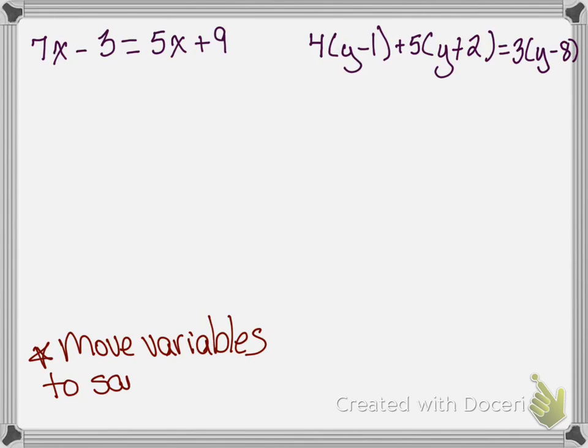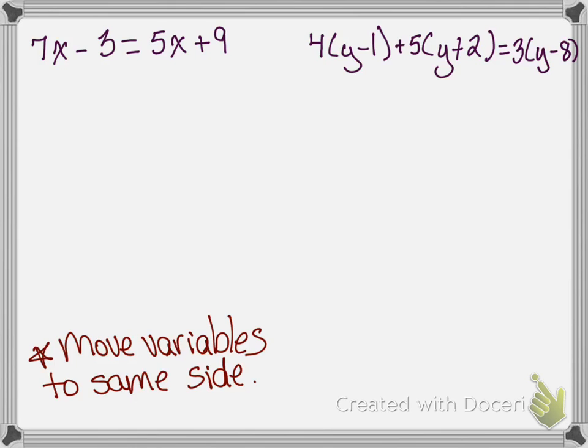Now, a good habit to get into is to move them to the left. And the reason for that is later today we're going to actually graph inequalities. And when we graph those inequalities, it's easier to graph them if you have written it with the variable on the left. So moving that variable to the left is going to be super helpful.